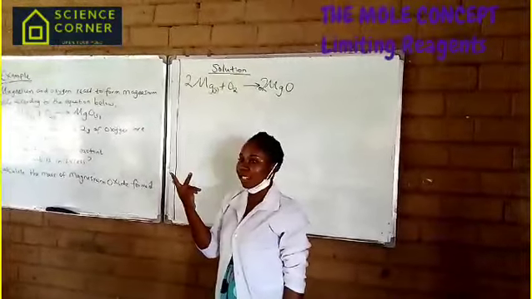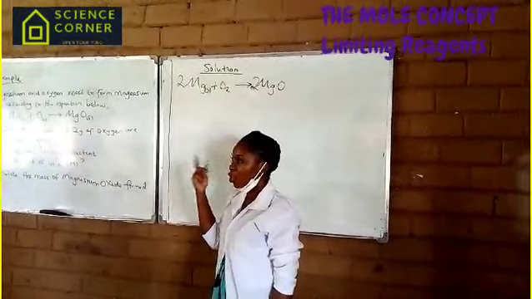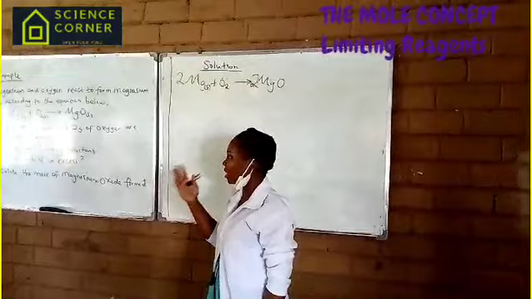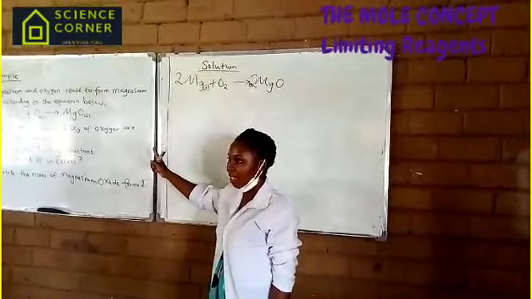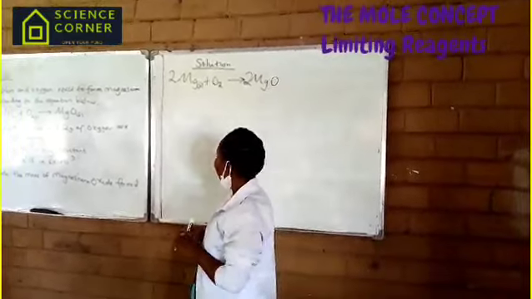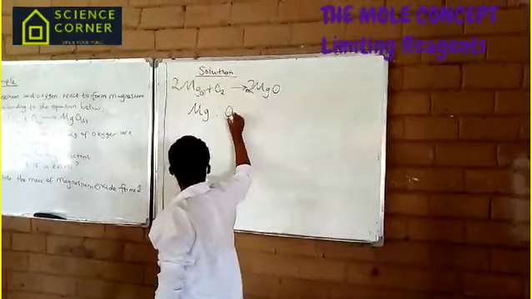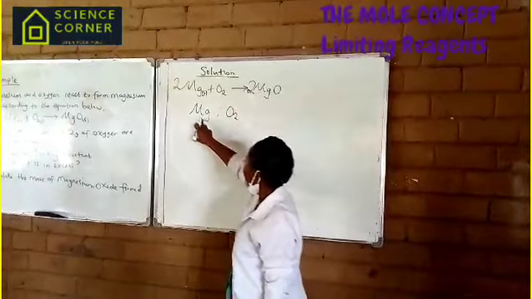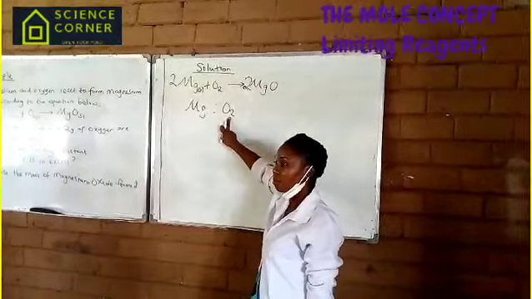We have 2 substances, and for each of these substances, we have been given the mass. So what you simply do is pretend you have not been given for either of them. Is that clear? So we are dealing with magnesium and oxygen, and 6 grams of magnesium has been given, as well as 2 grams of oxygen.